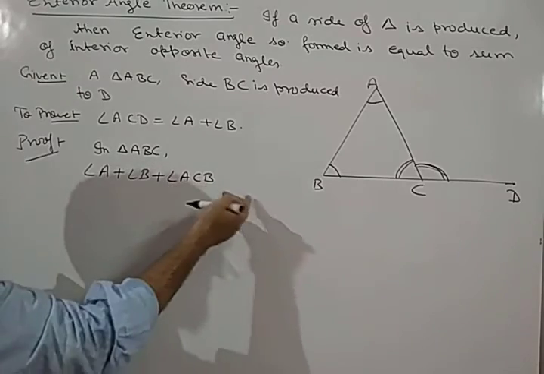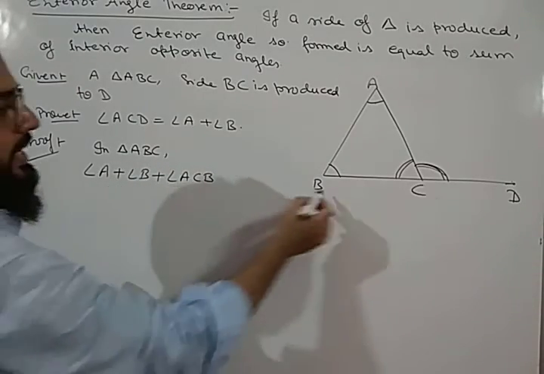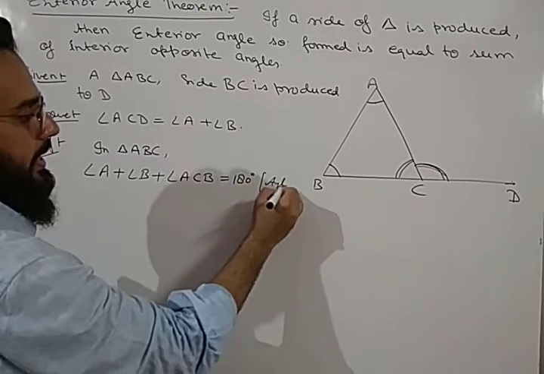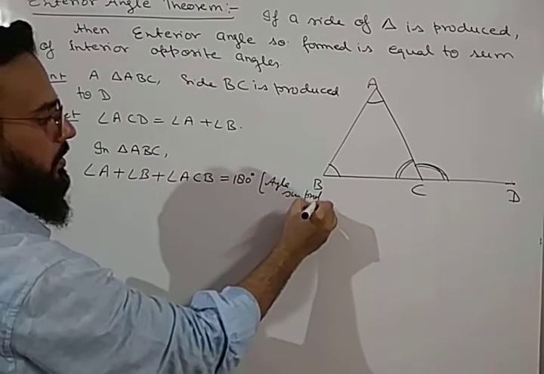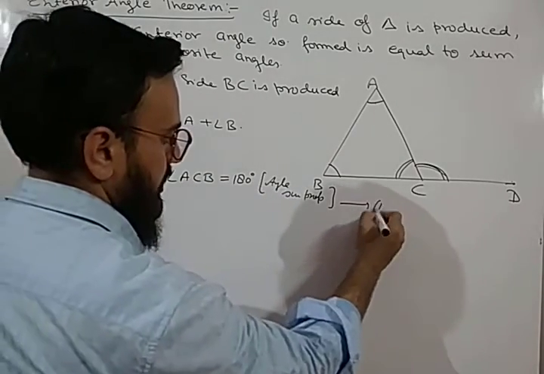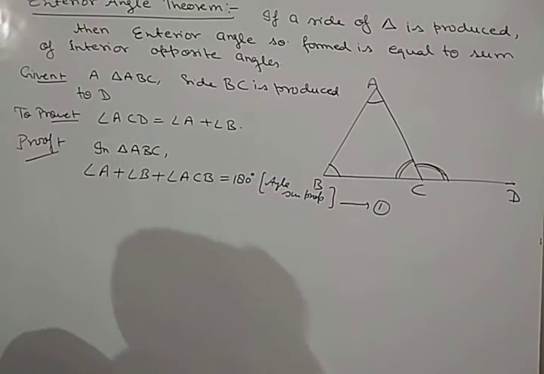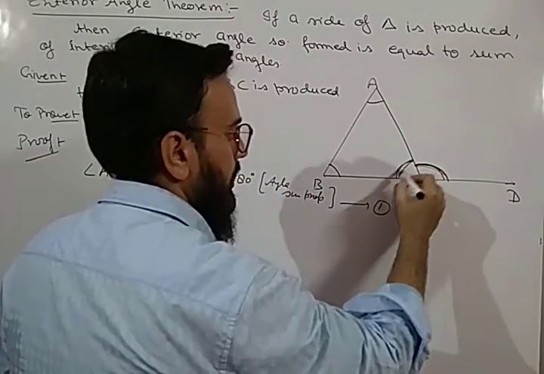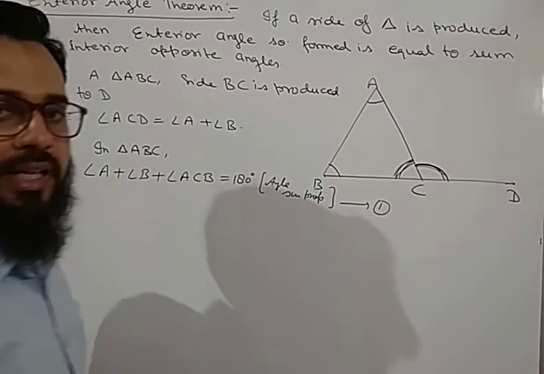I am writing it as angle ACB because there are two angles, exterior and interior. That's why I am taking angle ACB. So angle A plus angle B plus angle ACB, its value will be equal to 180 degrees by angle sum property. Okay. So this is our equation number 1. Now if we take this line BD, then these two angles are a linear pair of angles.